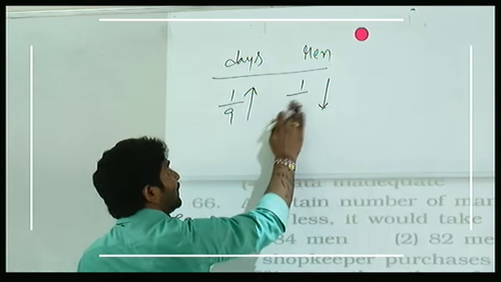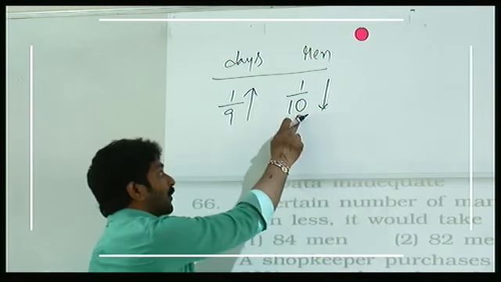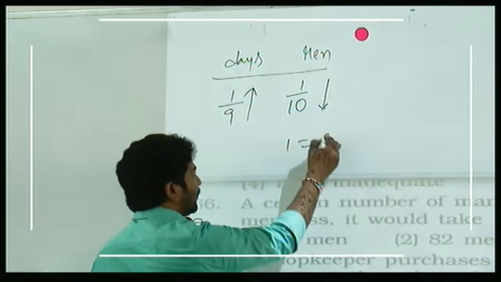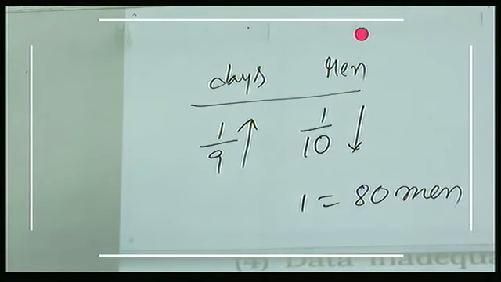So men should decrease by 1/10. How many men decrease here? 8 men. So 1/10 is equal to 8, 1 is equal to 80. So initially you have 80 men. Days increase by 1 by 9, so men decrease by 1/10. 1/10 is 8, 1 is equal to 80. Next.